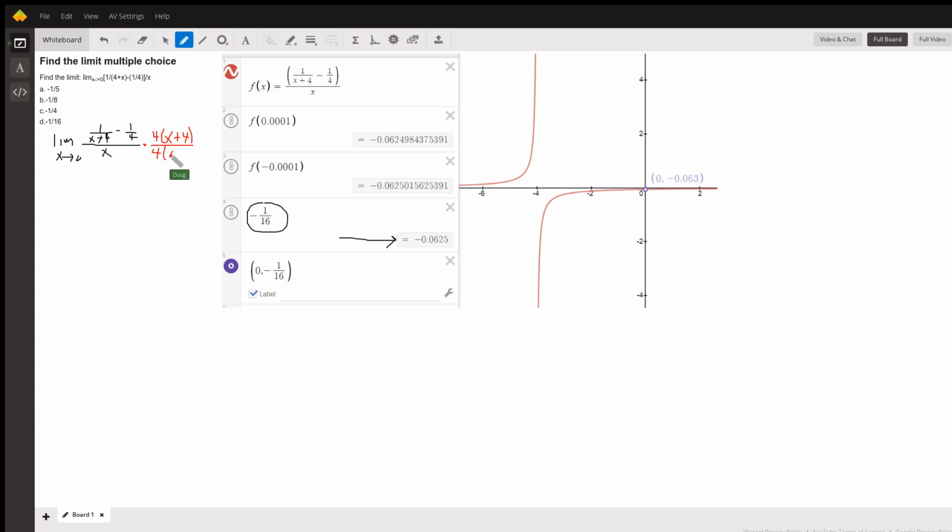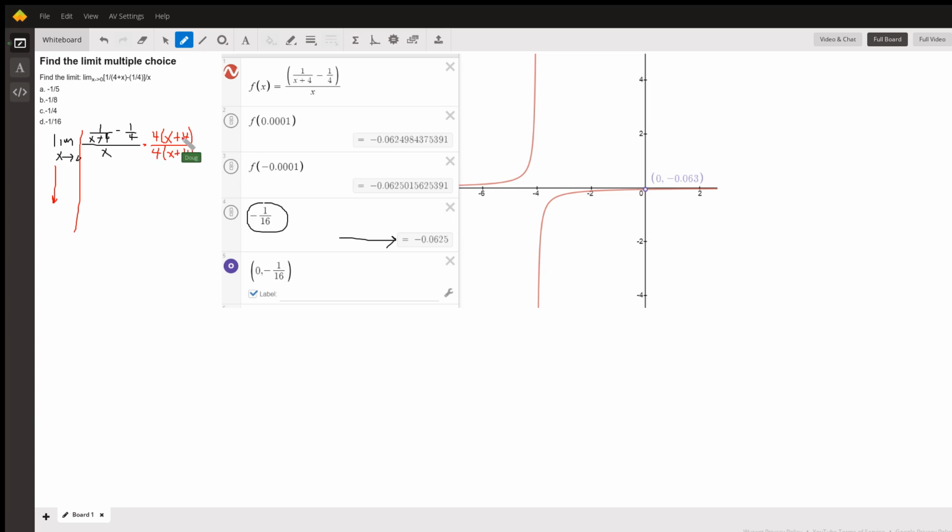So I'm multiplying by the number 1, so I'm not changing the value of the original function, I'm just changing the way it looks. Now I could continue down here and keep writing the limit as x approaches 0, but I'm going to leave that off till the very end.